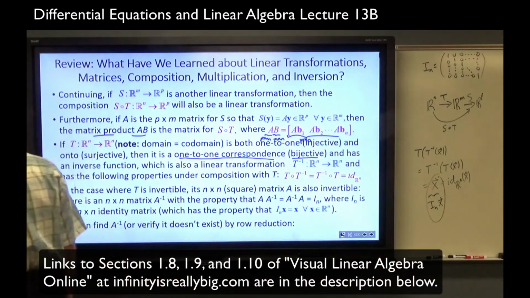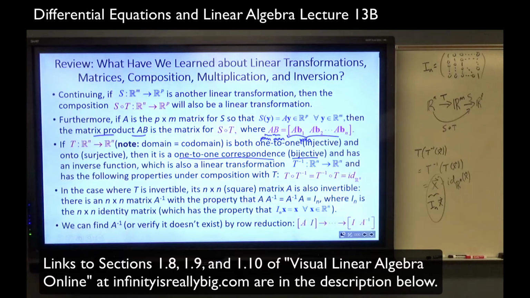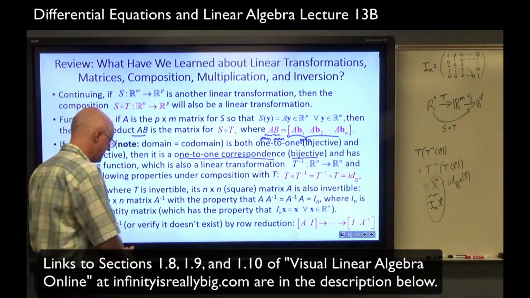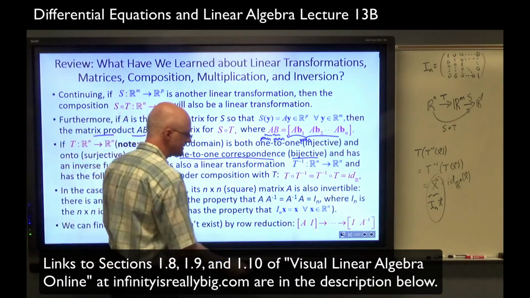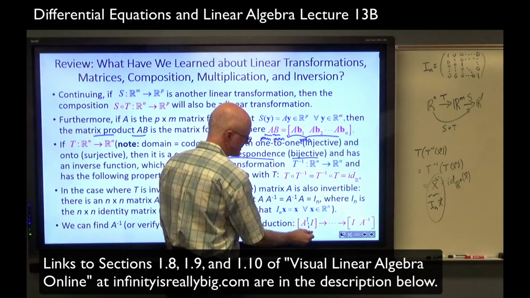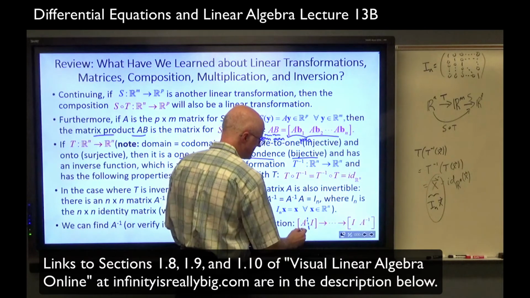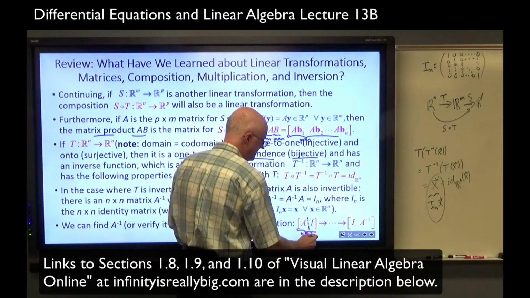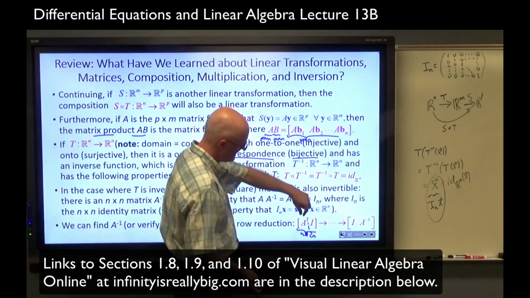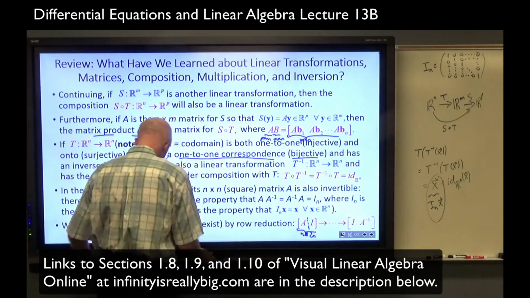We can find A inverse or verify it doesn't exist by row reduction. This is the basic idea. I'm not showing details. You make an augmented matrix. If A is n by n, again, this matrix is going to be n by 2n. It's made up of two n by n parts.